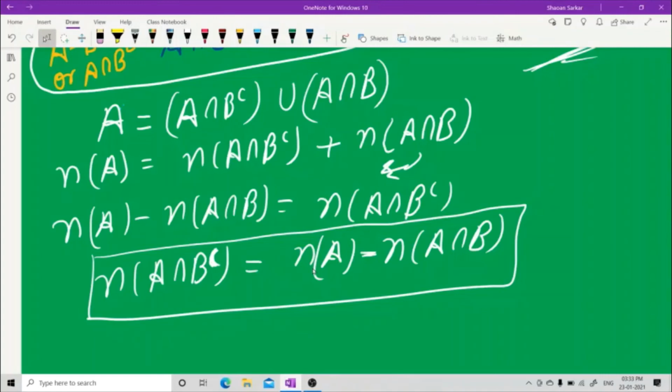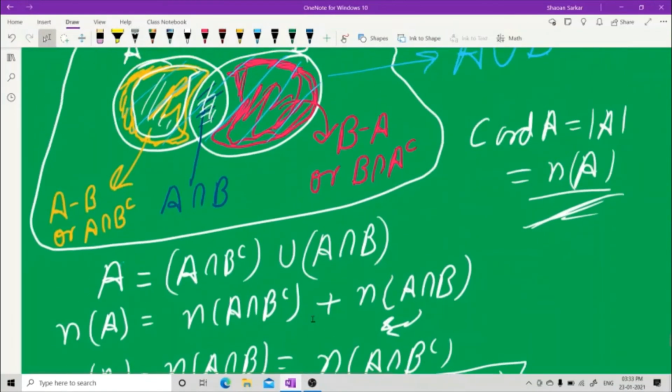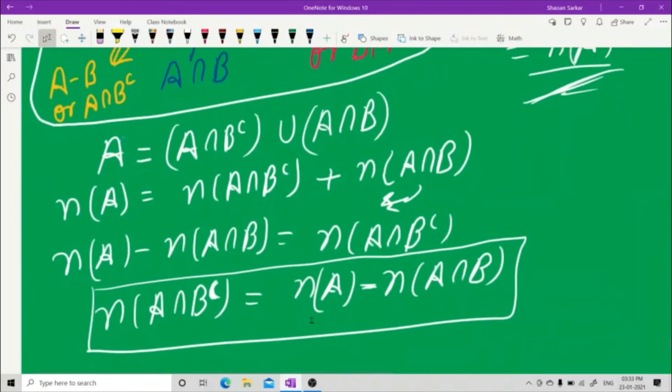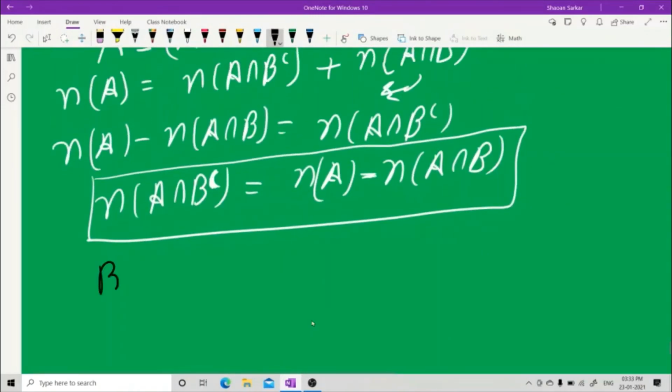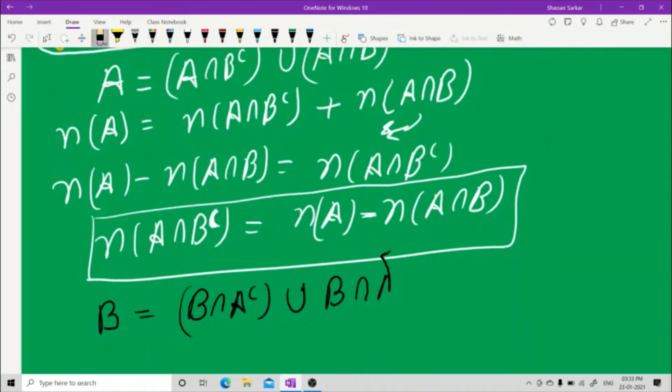Now, similarly, you can do it for B also. That you will do for homework. I'll write the B equation for you. So B will be again this much portion and this much portion. B is equal to B intersection A complement union B intersection A. This you will do as homework.